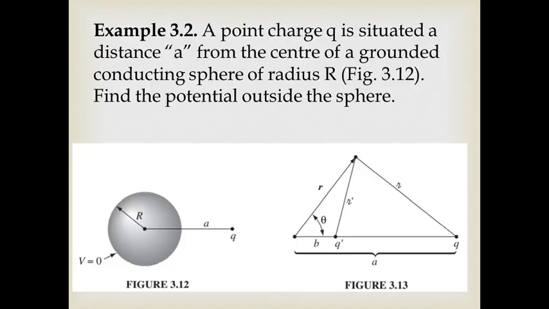Because then and only then, everywhere at a distance R, there is no conducting plane, but you can think of an imaginary sphere of radius R where the potential is going to be 0. That means it will meet our boundary condition that at a distance capital R, everywhere the potential is 0.